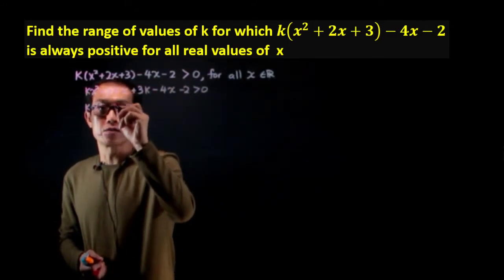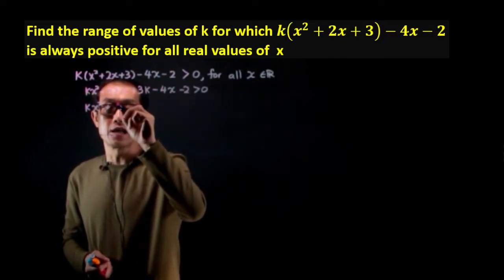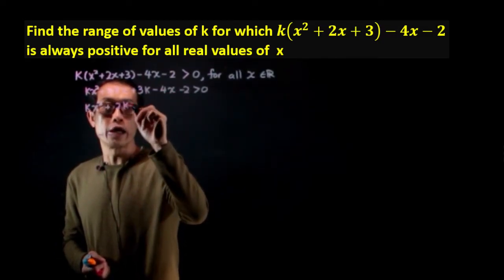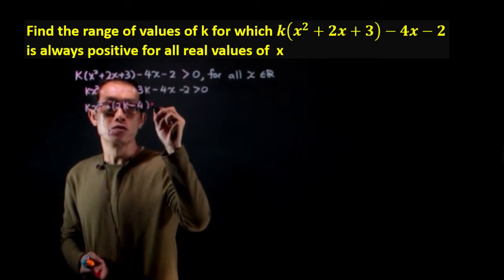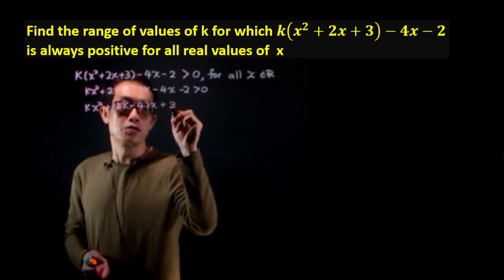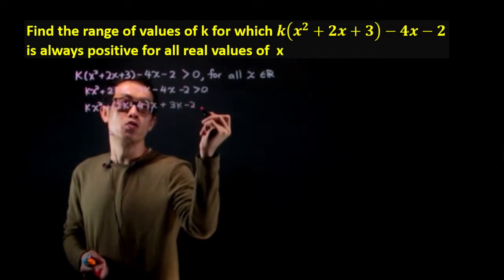Now we put all the x together and we factorize the x out. So this will be kx squared plus (2k minus 4) into x plus 3k minus 2.